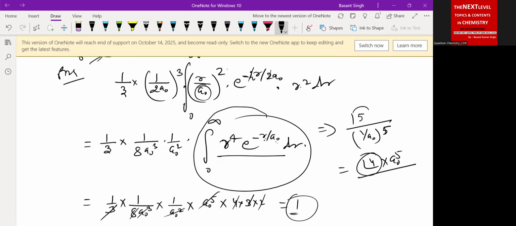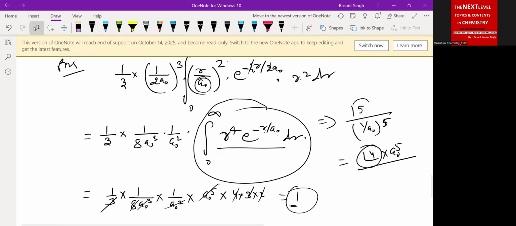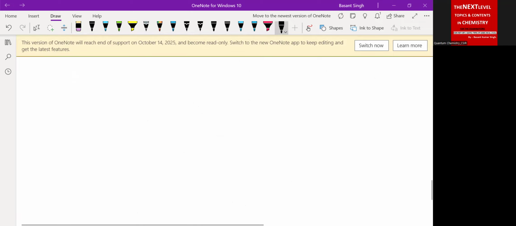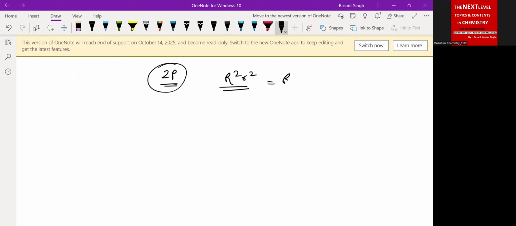So again we see that for the 2p state also, r square R square is the radial probability distribution function.